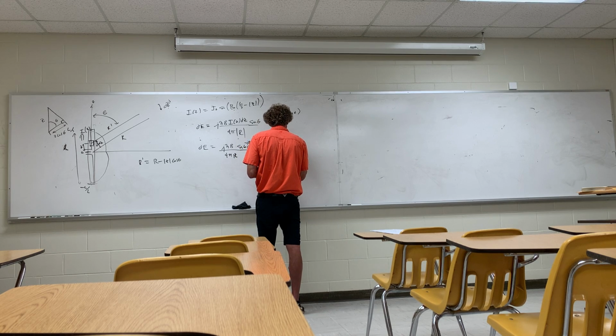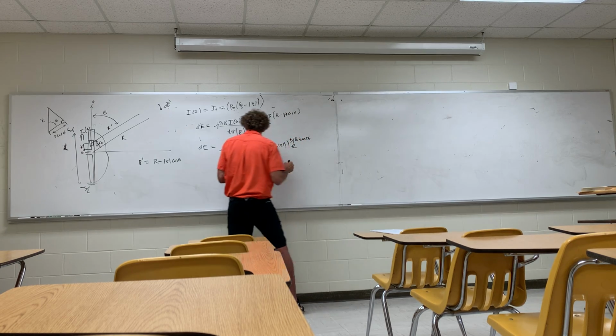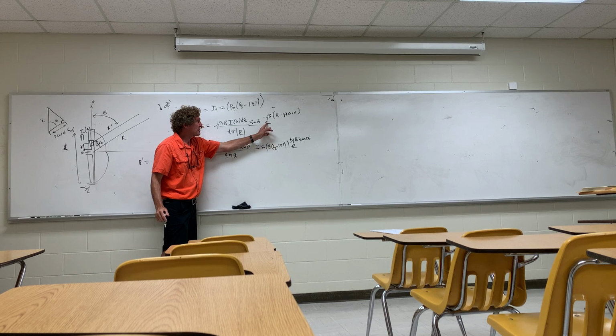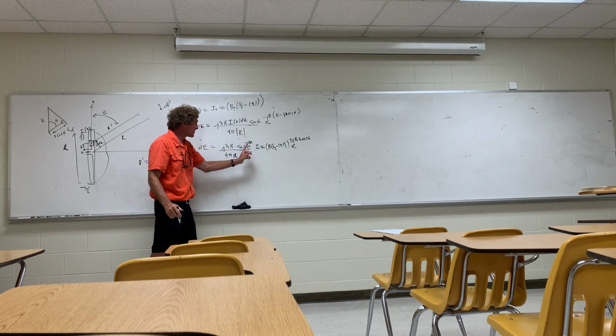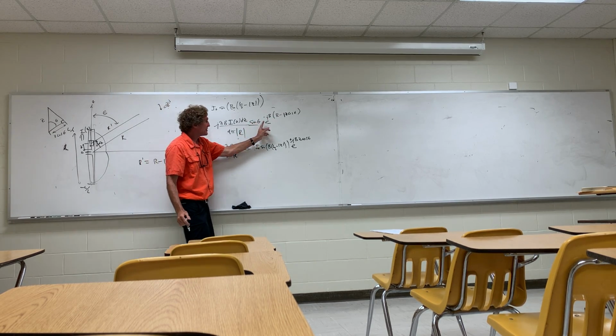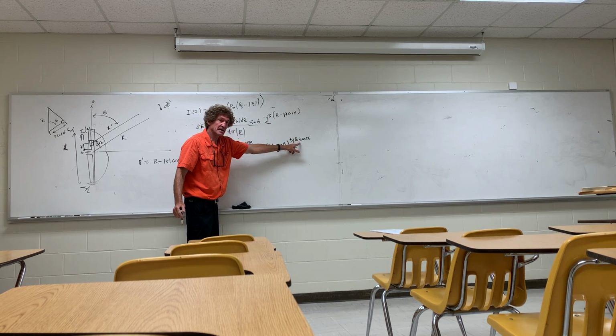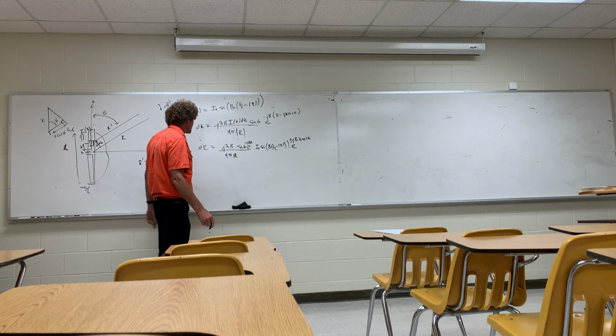And I leave e to the plus j beta times z cosine theta right there. And just understand, I've rearranged these terms. I broke this out. So if I had e to the minus j beta times r, I took that out in front. And then I have e to the minus j beta times minus, which is plus z cosine theta, that's there. Now that's the differential electric field.